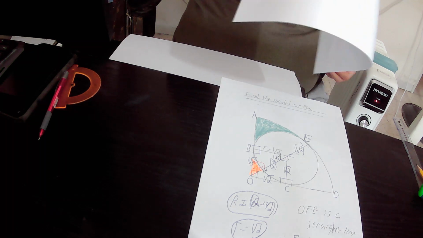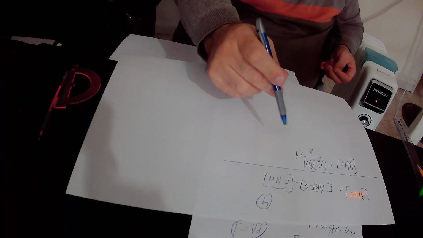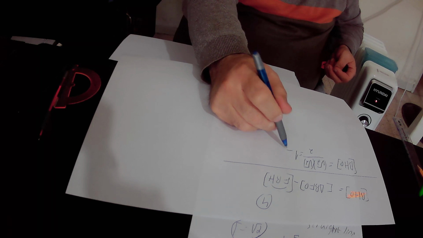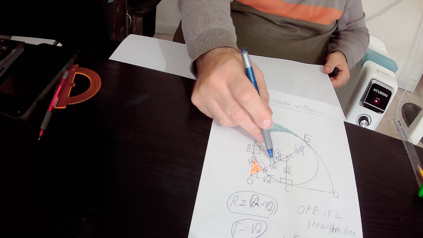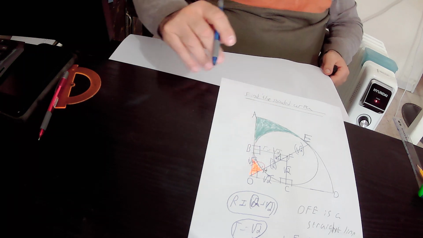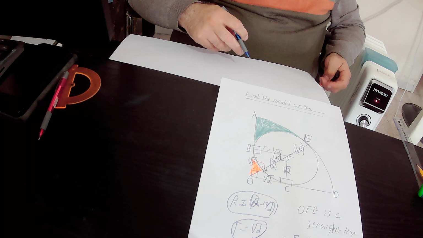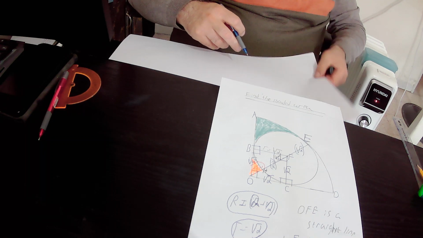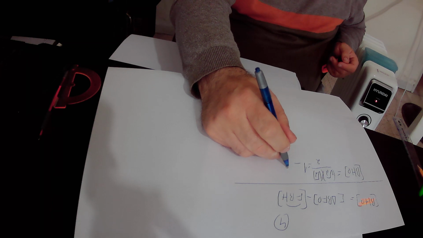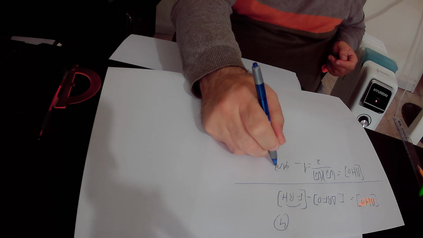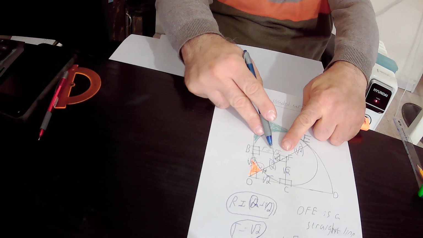And we have to subtract from the area of the triangle BFO the area of sector FBH. The area of any sector equals pi r squared, the area of the circle, times the angle between the legs of this sector.